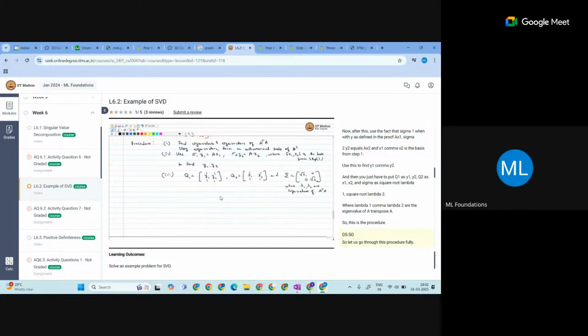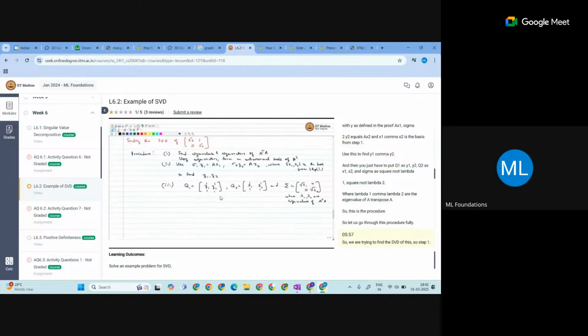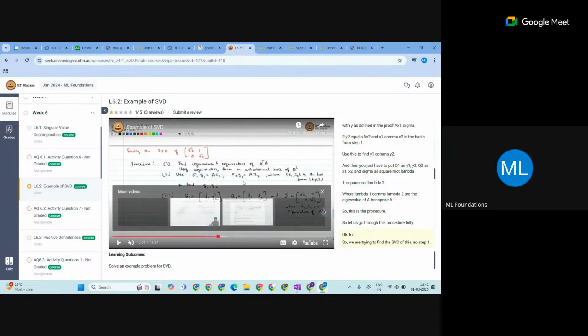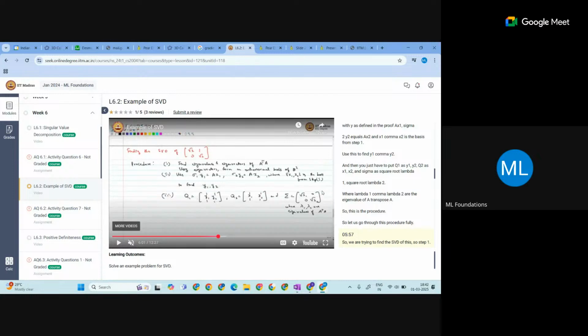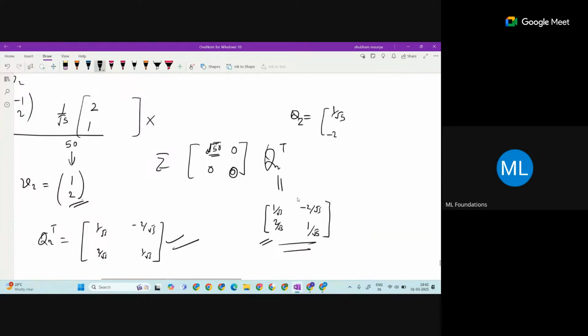Okay, you use the eigenvectors and the transpose. So this is for Q2.